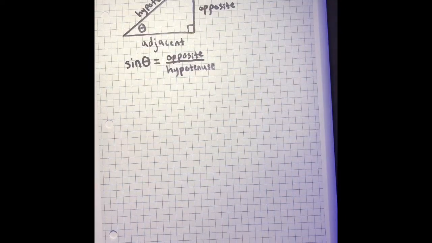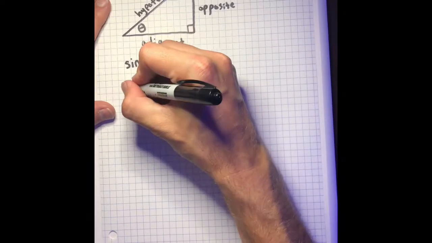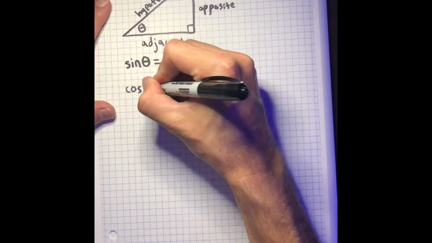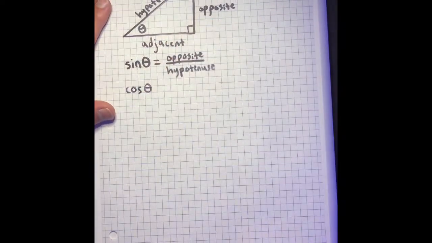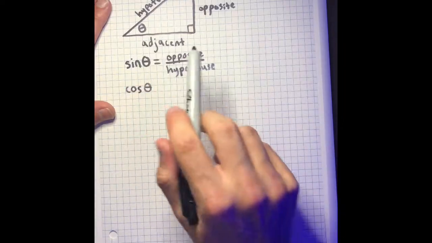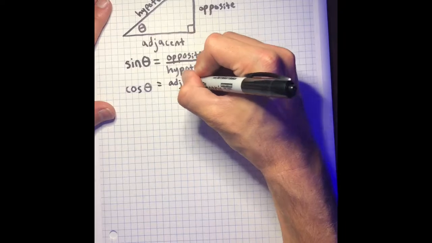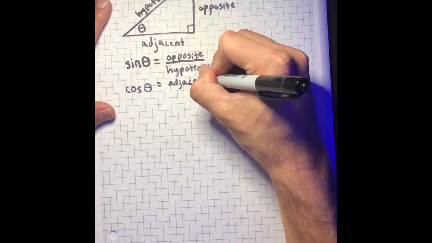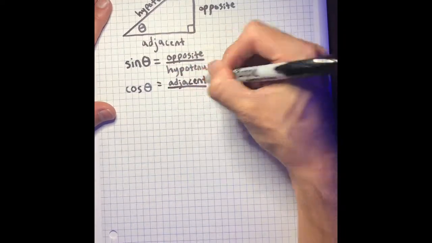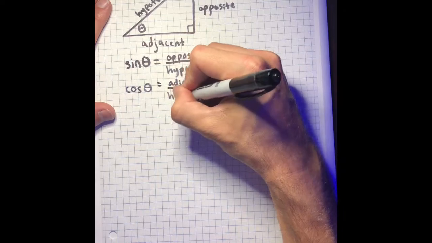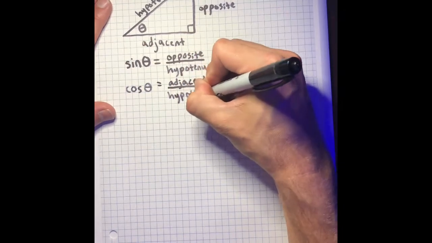All right, so that's one of our trig ratios. Let's now look at the cosine, which we write as COS. Cosine of theta is equal to the adjacent side divided by the hypotenuse.